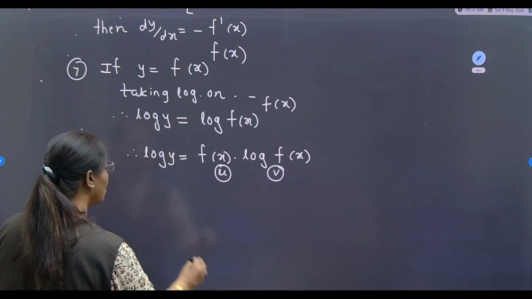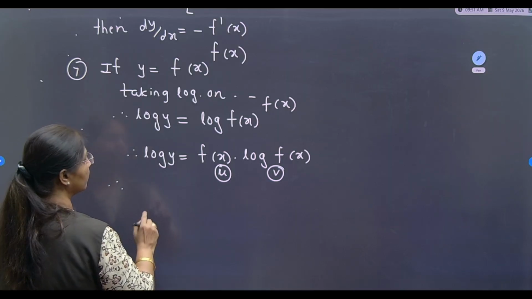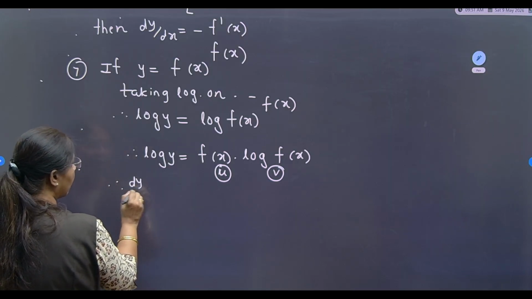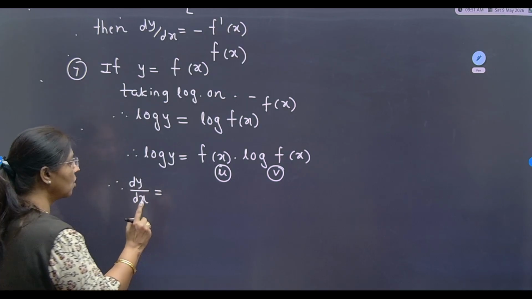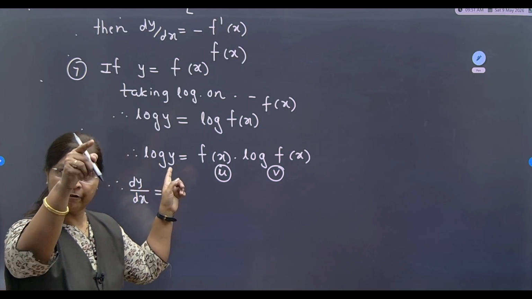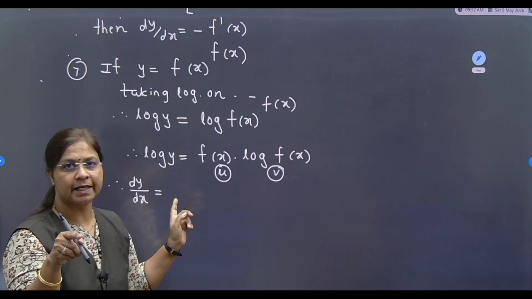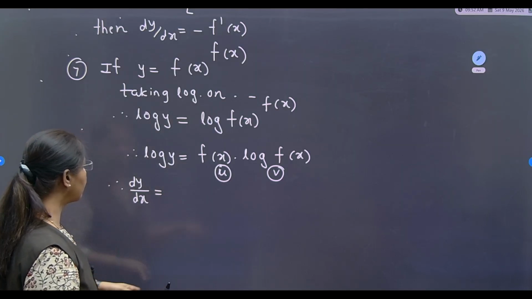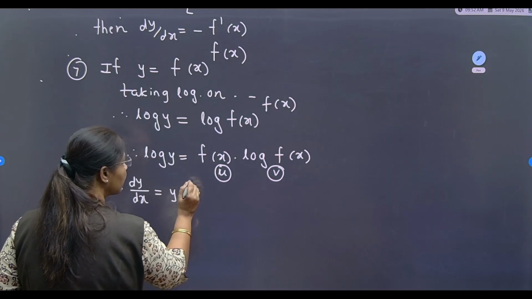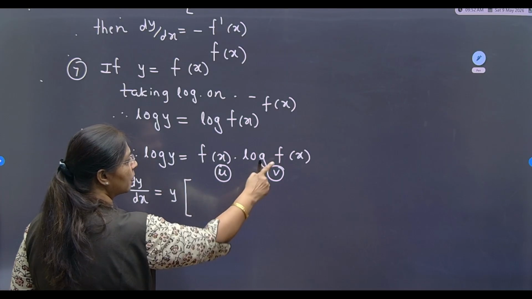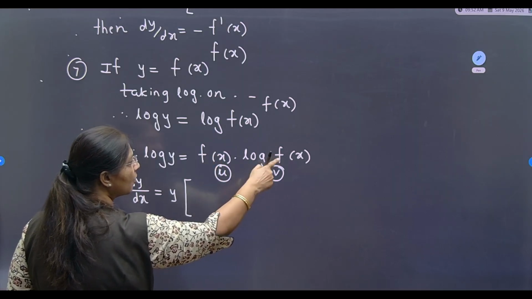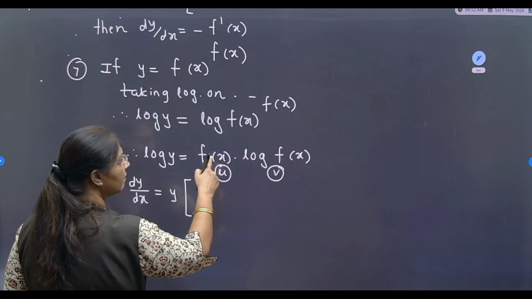Using the product rule we get the derivative: (1/y) dy/dx, then y on the right side, in bracket, using the product rule, u into derivative of v plus v into derivative of u.